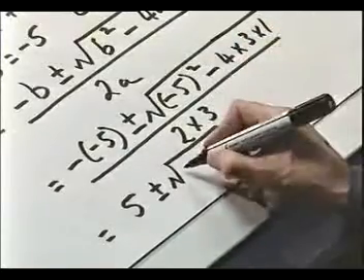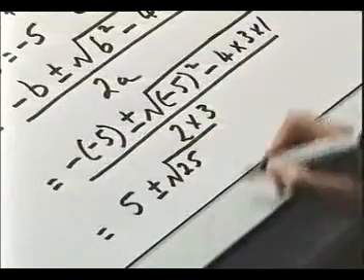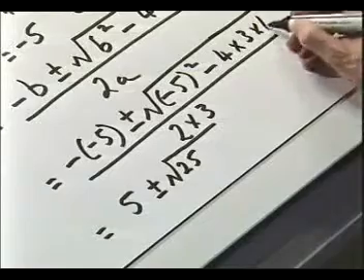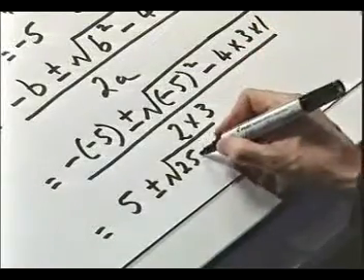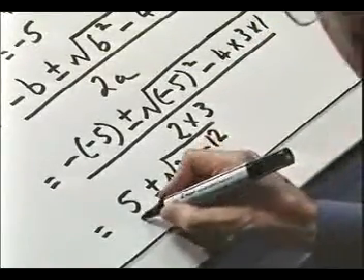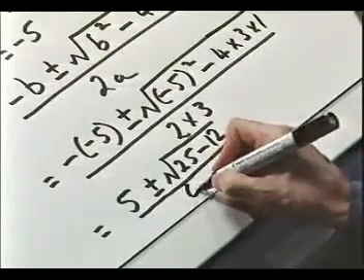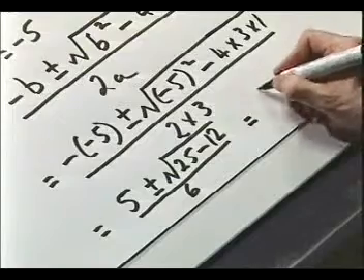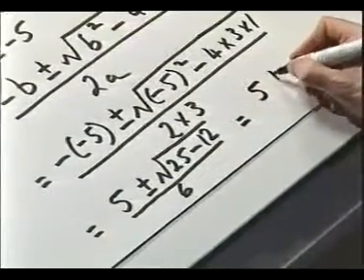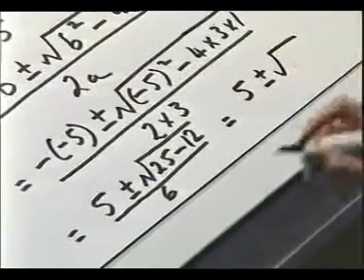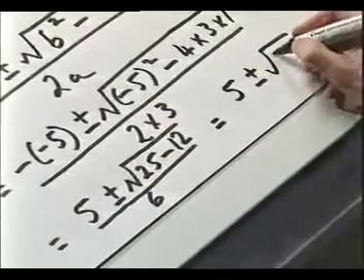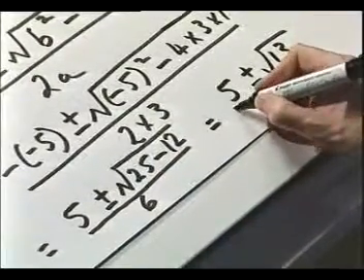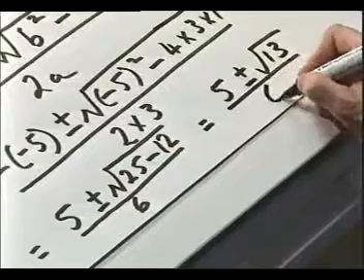Now, minus 5 all squared is 25. 4 times 3 times 1 is 12, and the minus sign is minus 12, all over 6. So we have 5 plus or minus the square root of 25 minus 12, which is 13, all over 6.